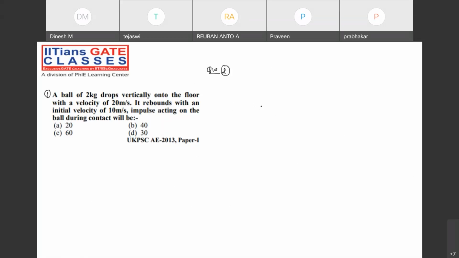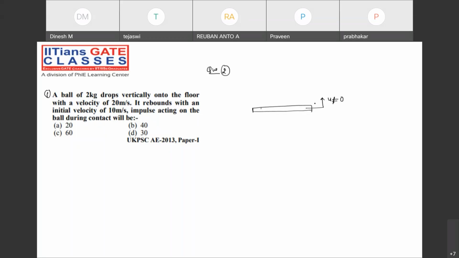Now there is a block. There is a block moving with some initial velocity u, where u is not equal to 0.